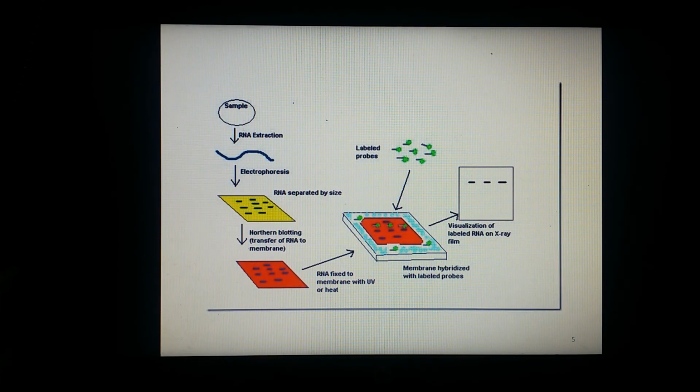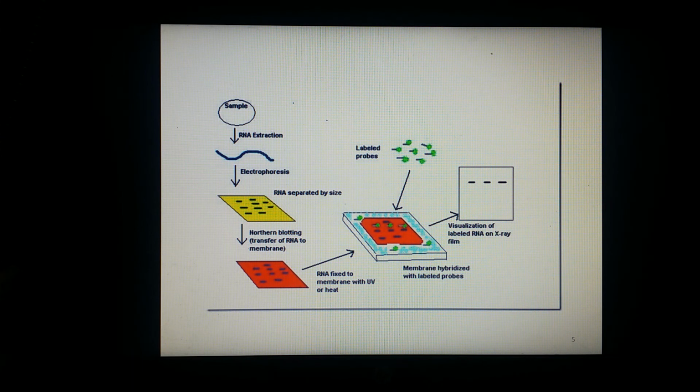So here is a diagrammatic representation of the entire process of northern blotting. You can see the sample, and we have extracted the RNA and then done the electrophoresis, and through electrophoresis RNA is separated by size. Then the northern blotting is done, meaning the transfer of RNA to the membrane.